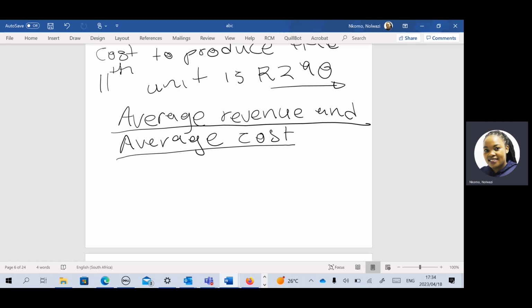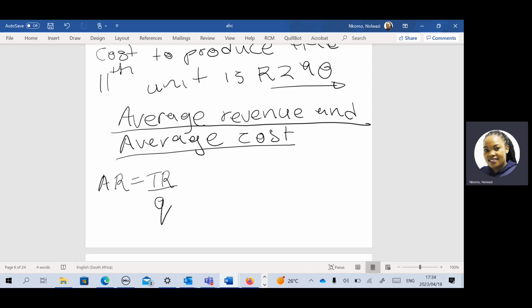Okay. The average revenue, this is the average revenue per unit sold, meaning you will find the average revenue by dividing the total revenue by the units sold, right?